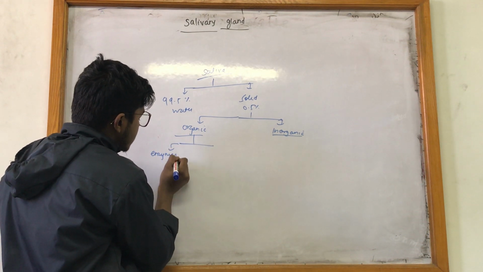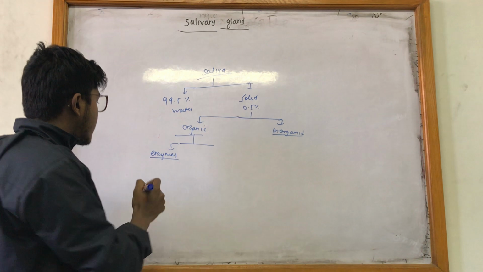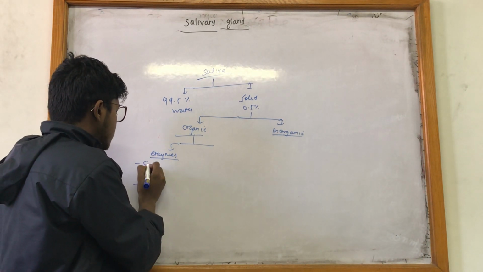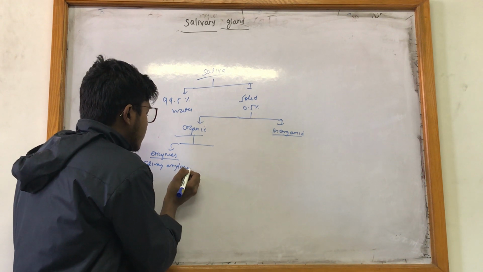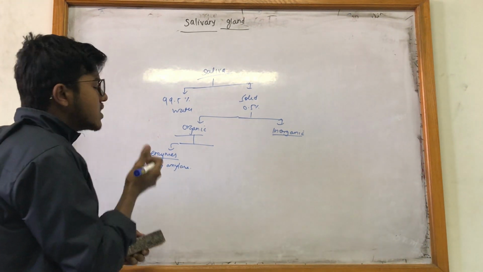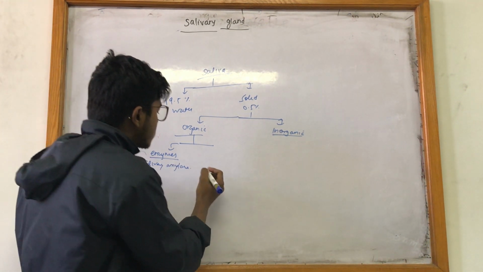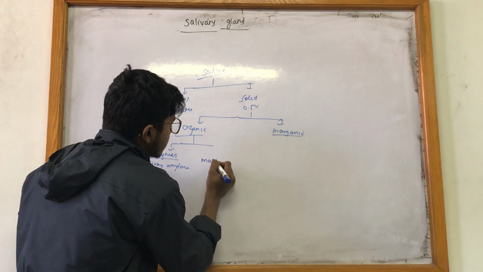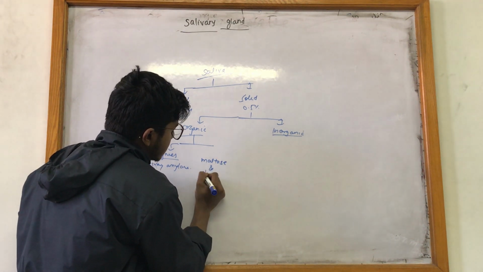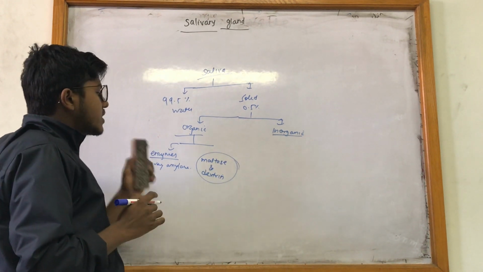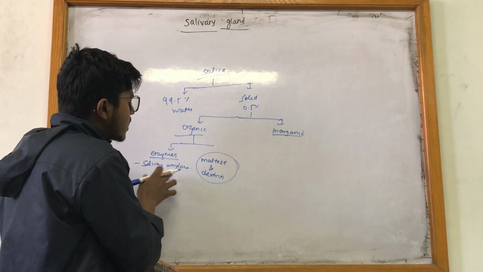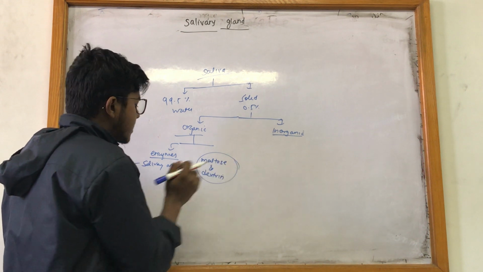The most important is salivary amylase, which acts on the starch present in our food in the mouth and converts it into maltose and dextrin.